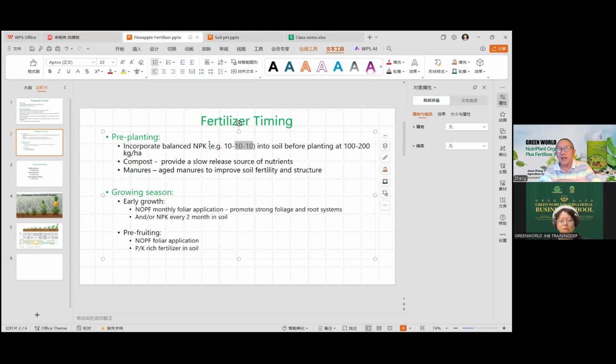So you need to add a lot of compost and manures. If you can, make your own compost or manure.